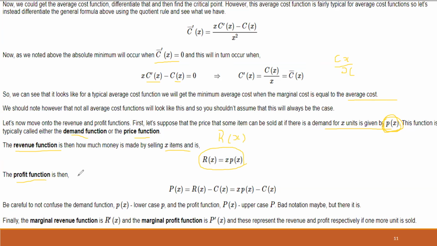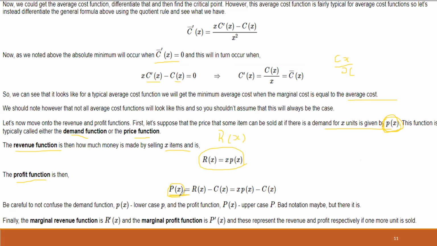The profit function now. So this is my revenue function. My profit function is basically this guy. Profit function is your uppercase P, right? Demand function or price function is a lowercase p.